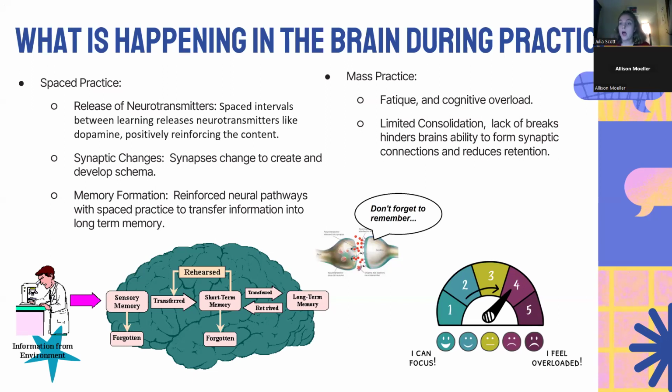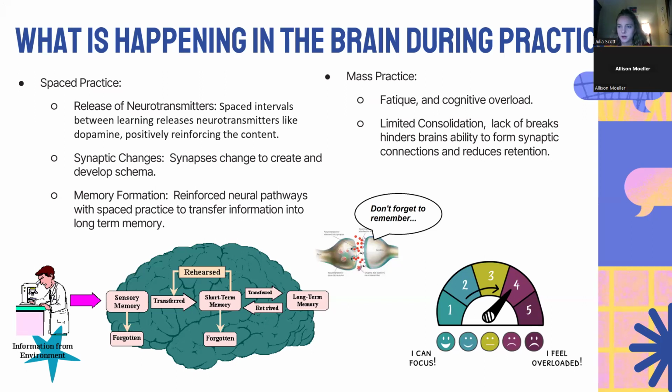It also helps memory formation because you can see that when we first have stimulus from the environment, we first have an exposure from students, it enters into our sensory memory, which is just what we're experiencing simultaneously with what we're experiencing in the classroom. That can soon be forgotten unless we rehearse the information and it's brought into our short-term memory.